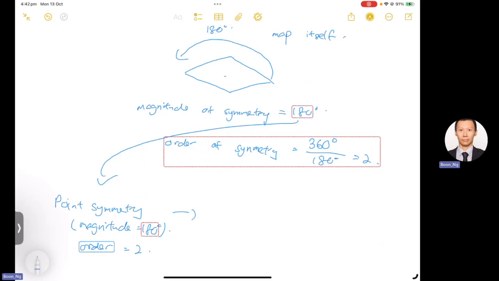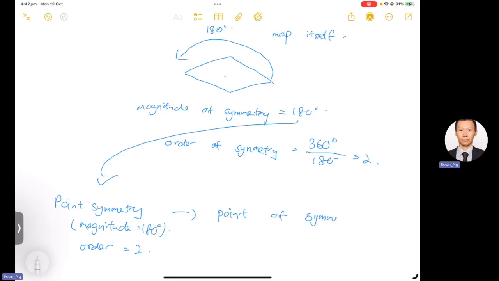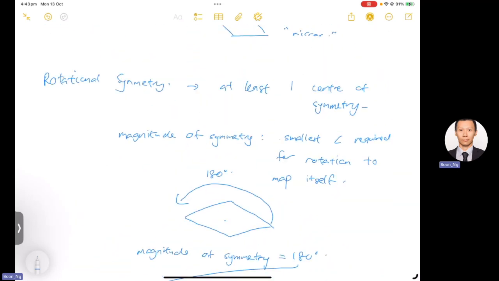We call it point of symmetry, and you can also call it center of symmetry. It's just a special name for it. In actuality, point of symmetry or point symmetry, you can just consider the same thing as rotational symmetry.